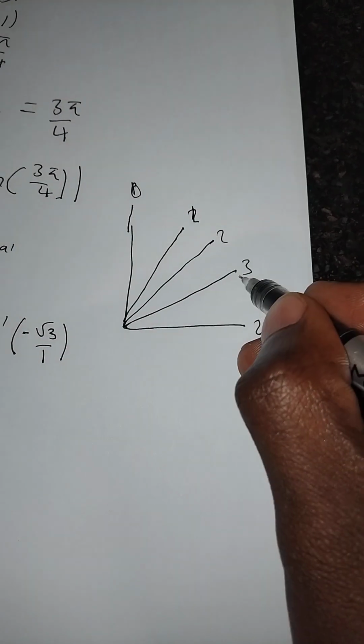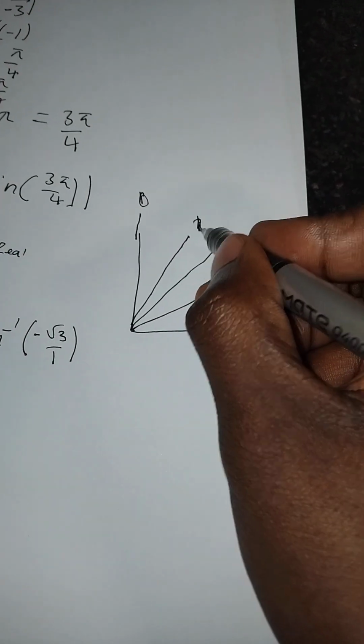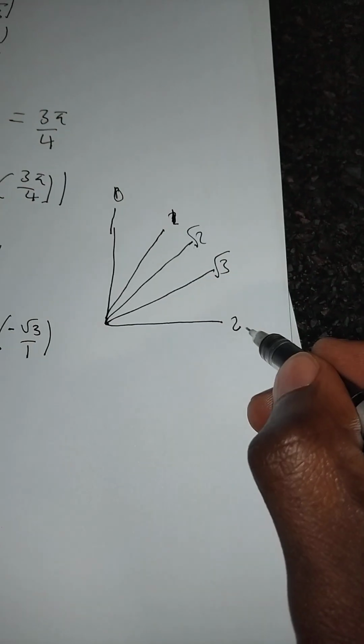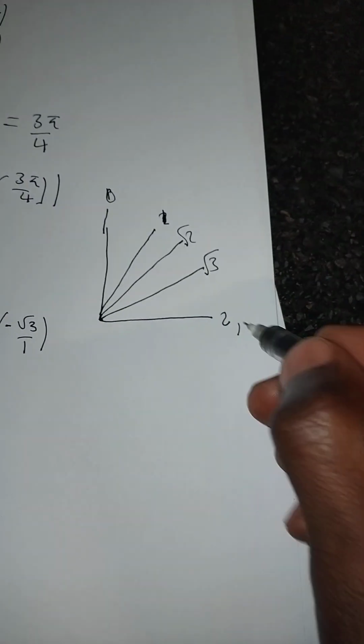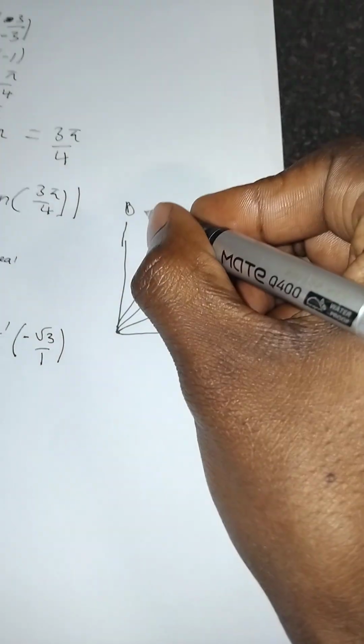So here I'm going to have 2, then root 3, then root 2, root 1 will still be 1, and 0 like that. Then those numbers he wrote going down, he writes them again going up. I'll quickly show you that.